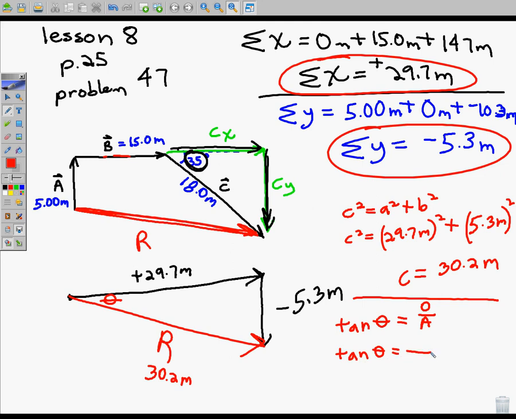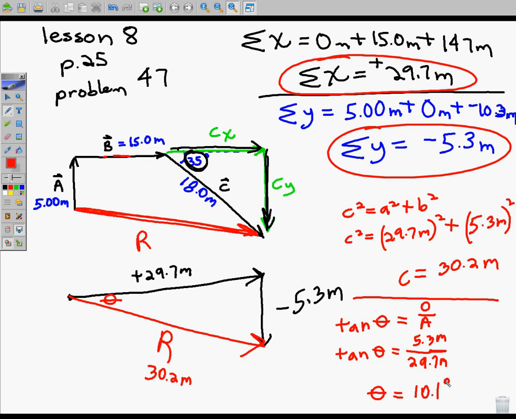You could use negative 5.3, or I'm just going to put in 5.3 over the adjacent, which is going to be 29.7. And now you crunch that right-hand side out, and then you take inverse tangent because you're going after the angle, also known as arctangent. And when you do that, what do you end up getting? 10.1 degrees.